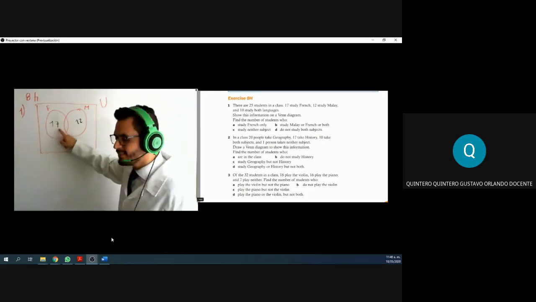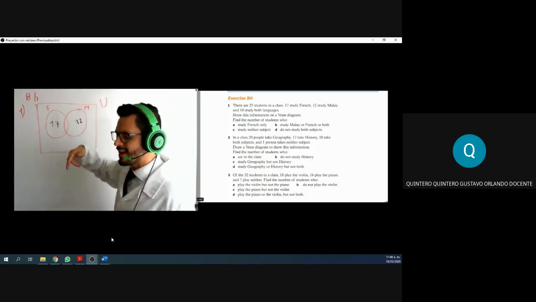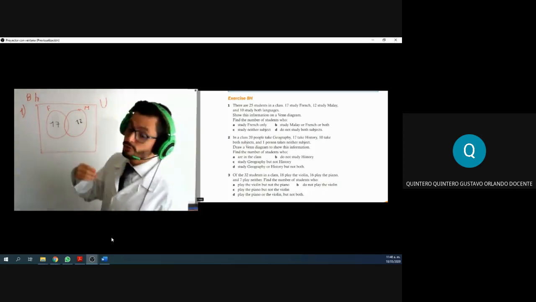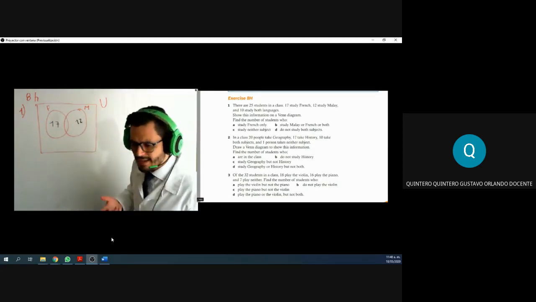Because now inside of the universal set, I have 17 studying French plus another 12 studying Malay. That is a total of 29. But we know from the exercise that there are 25 students in the class. So how is this possible? I have 17 studying one language, and 12 of them studying another language. How is that possible?